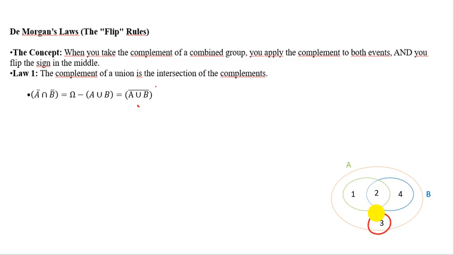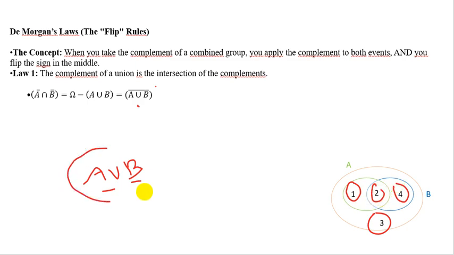Now let's check it well. When we say A union B, it means it is either in A alone, or in B alone, or in A and B together.